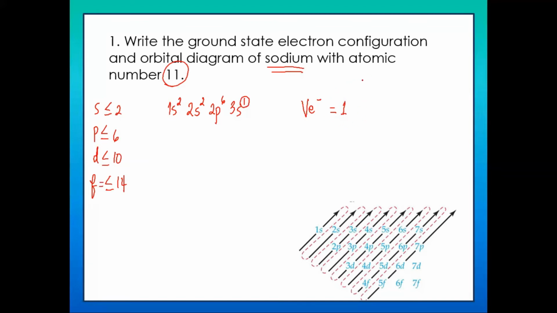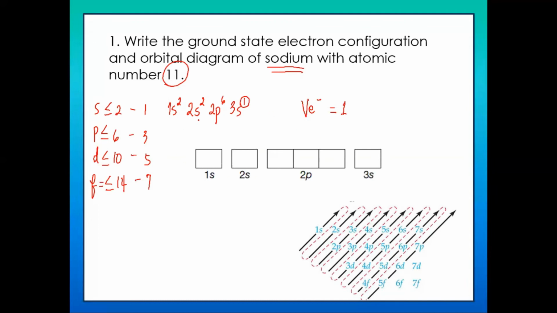Now for the orbital diagram, remember that s can only have one orbital, so one box. For p, 3 boxes. For d and f, I will write here 1, 3, 5, and 7. So these are the number of orbitals, and orbitals are represented by boxes. So this is how we draw the orbital diagram.